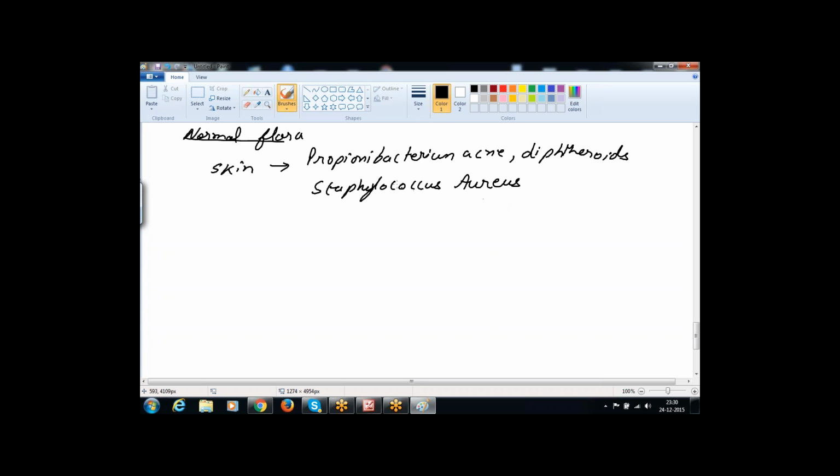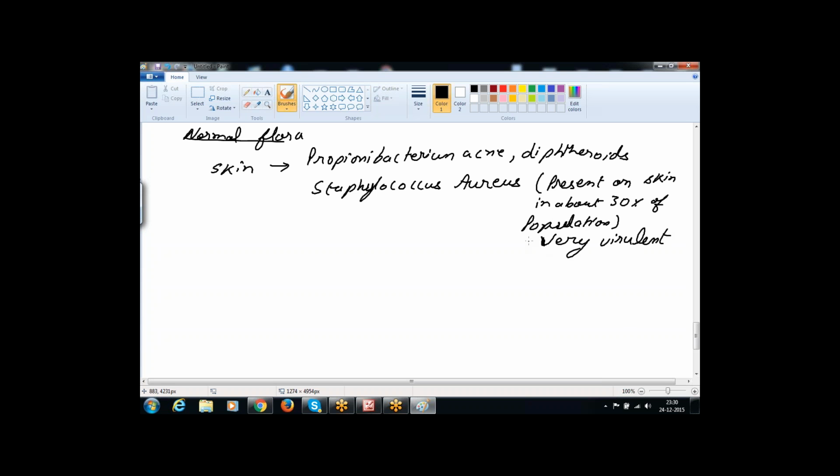Staph aureus is present on skin in about 30% of people. 30% of the population has it on skin, and it is a very virulent bacteria. Very virulent, what do we mean by very virulent? Very efficient in causing diseases.